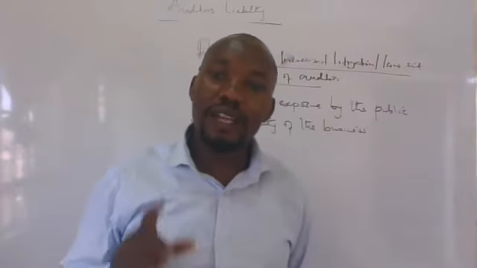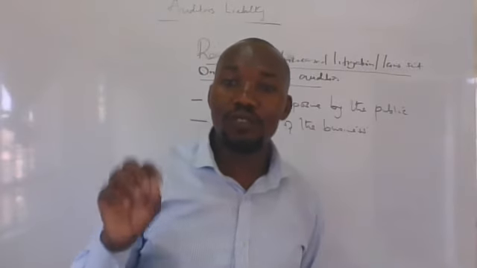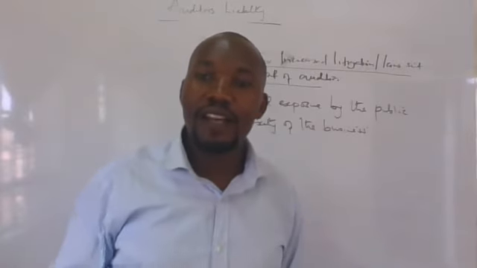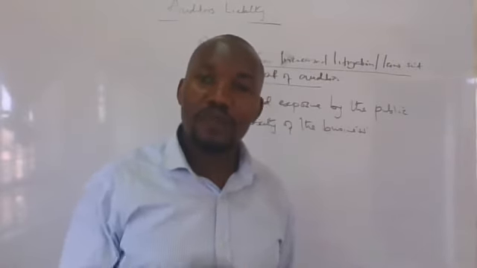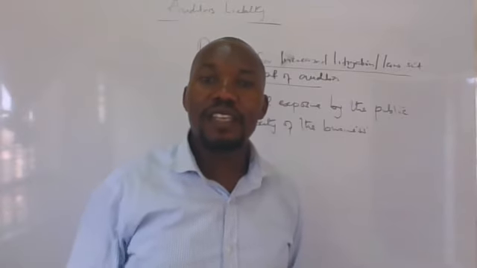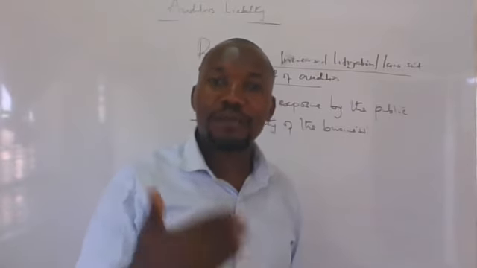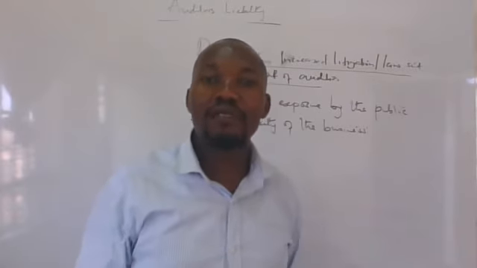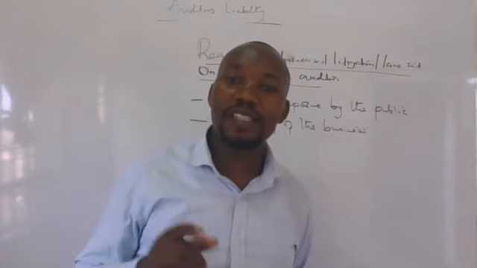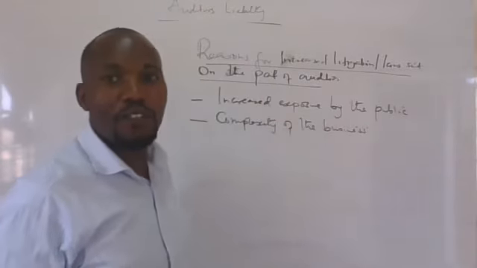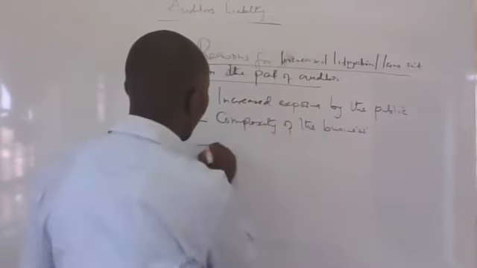Another thing, regulators. We have some regulators that are so strict and they know the responsibility of the auditors. So in case the auditor does not give reports as per their requirement, they can actually take them to court. So we have regulators like CMA, that is Capital Market Authority.